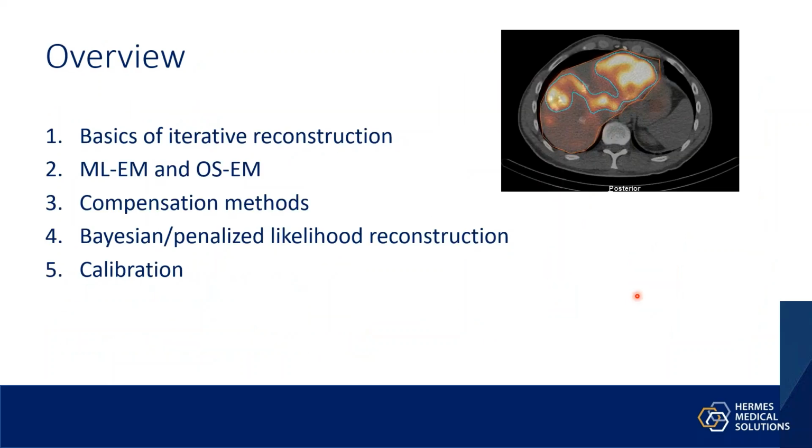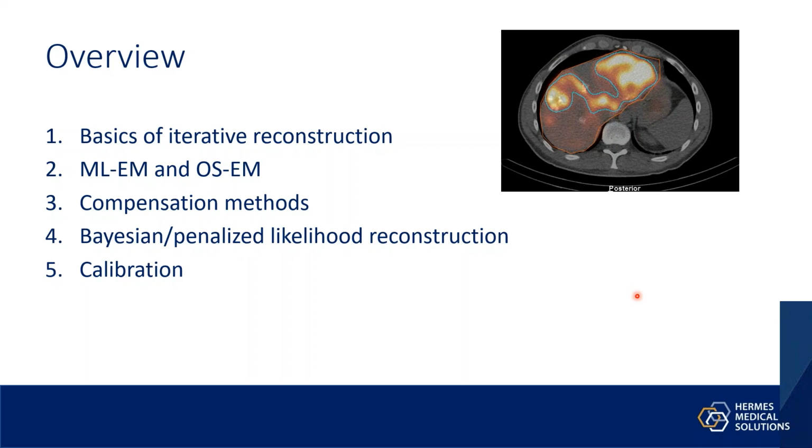All right, the overview for this presentation is as follows. I will start with the basics of iterative reconstruction, and after that we will dig deeper into MLEM and OSEM and try to figure out what those mean, and then we'll talk quite a lot about compensation methods, how to handle scatter, attenuation, and the collimator effects in iterative reconstruction.